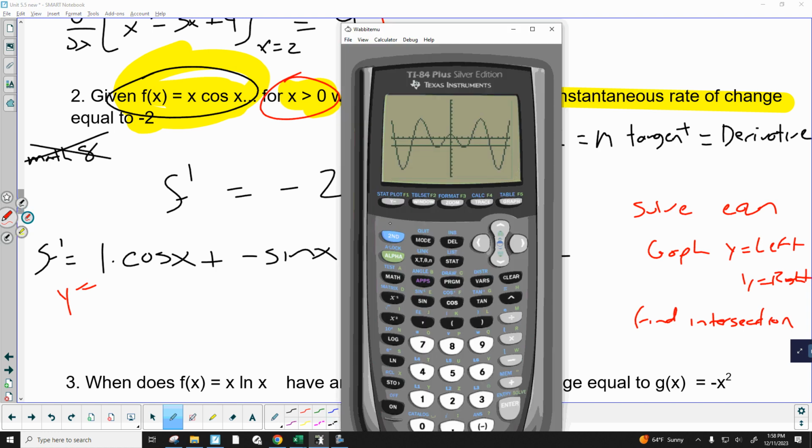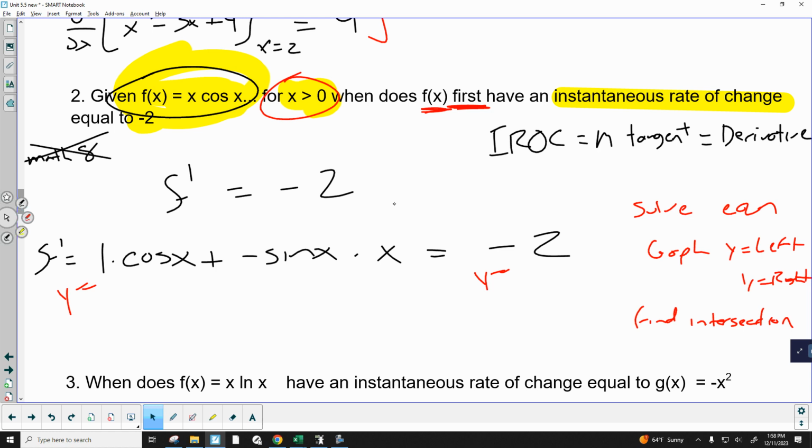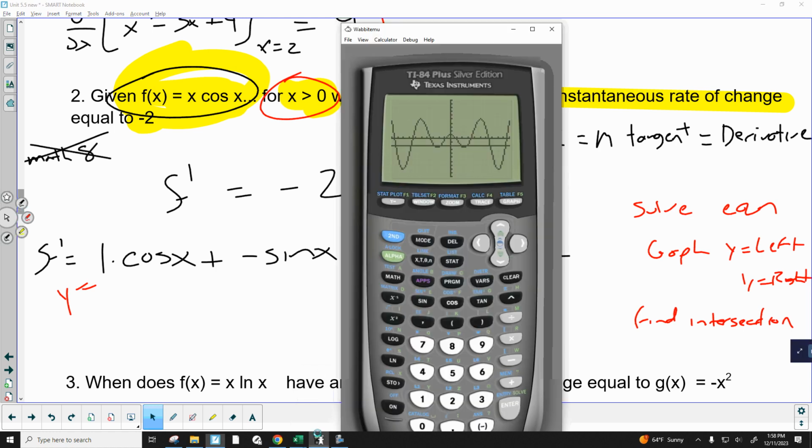Second, calc, intersect. It might be valuable to cursor over to that first intersection. Enter, enter, enter. We get x equals 1.813.